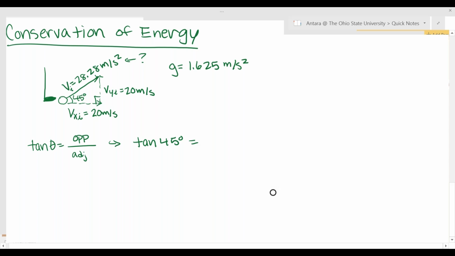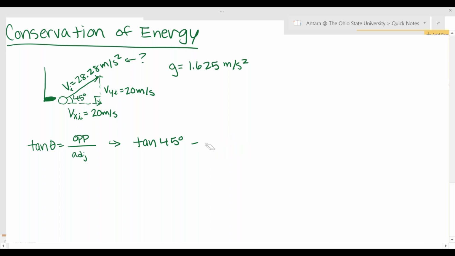But here we're having tan 45, and the opposite is 20 meters per second, and then here it's 20 meters per second. So this is what you would find for this formula.